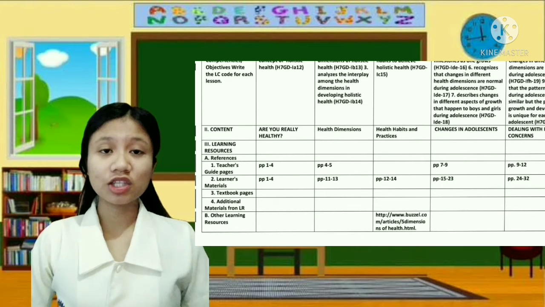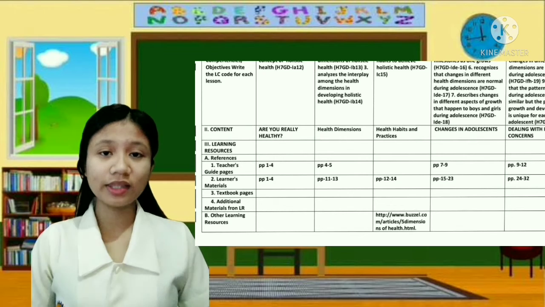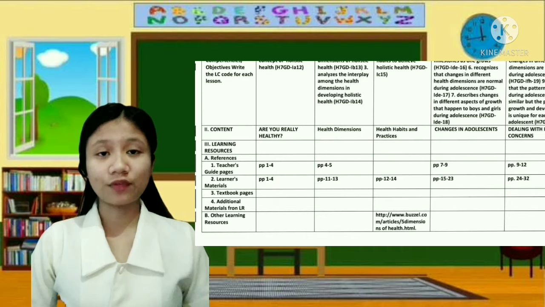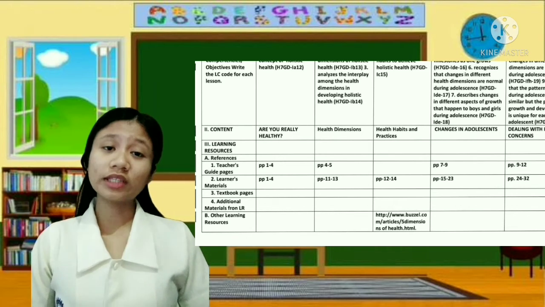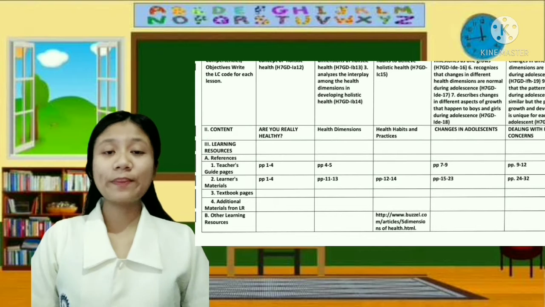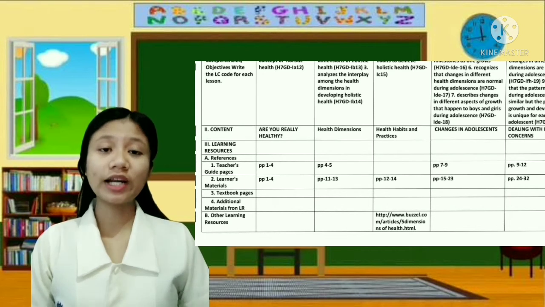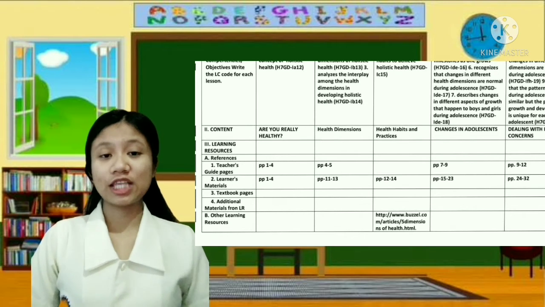The other learning resources refer to materials such as those that a teacher made, authentic materials, and others not included in the reference. This part of the DLL can also include the supplies, equipment, tools, and other non-print materials needed for activities before, during, and after the lesson.